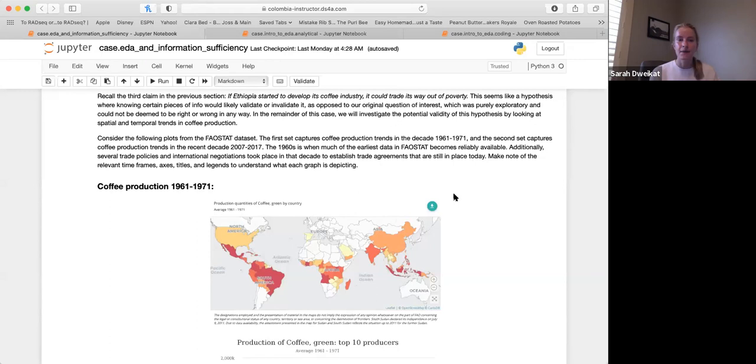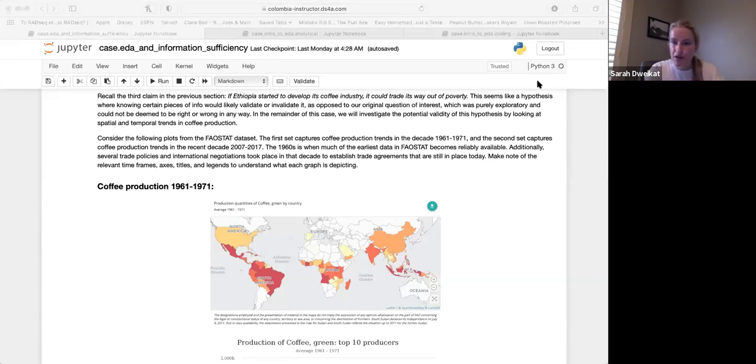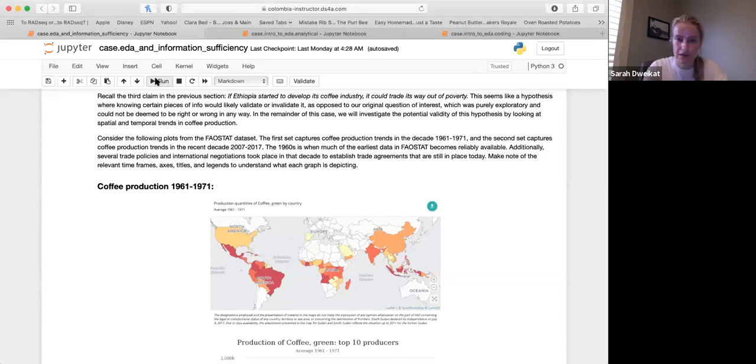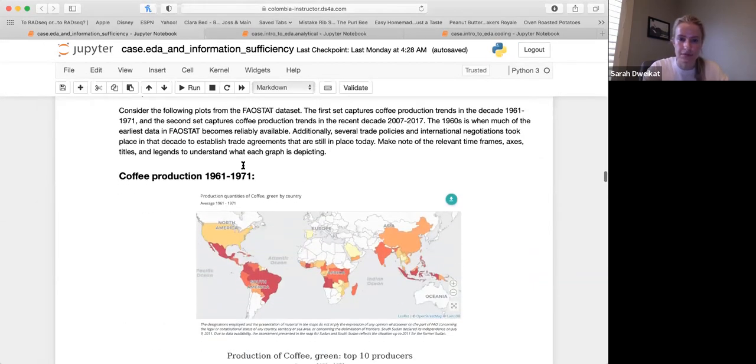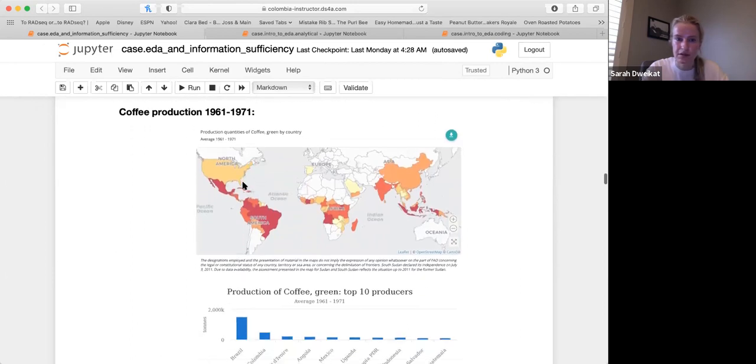So we are going to now look at some different plots from this FAOSTAT data set. I can make the screen bigger. Zoom in a little more.